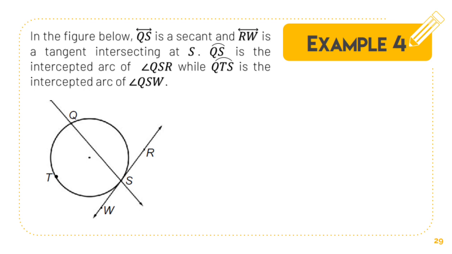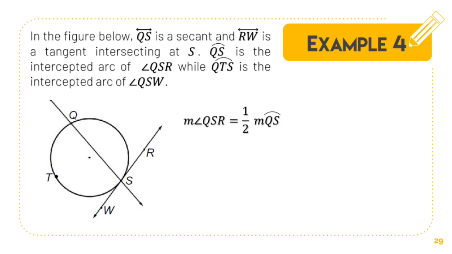Arc QS is the intercepted arc of angle QSR, and arc QTS is the intercepted arc of angle QSW. So as you can see, there are two angles that are formed in this case.